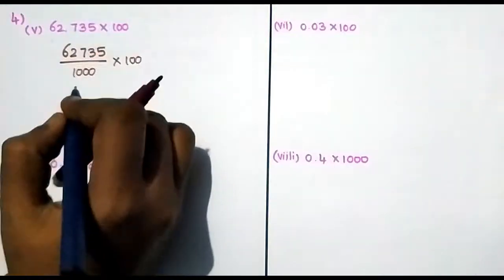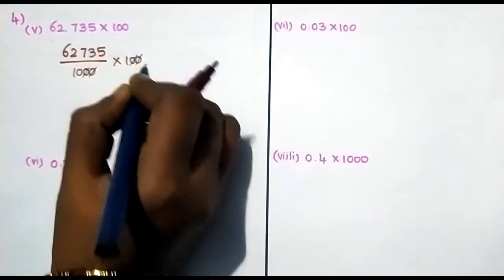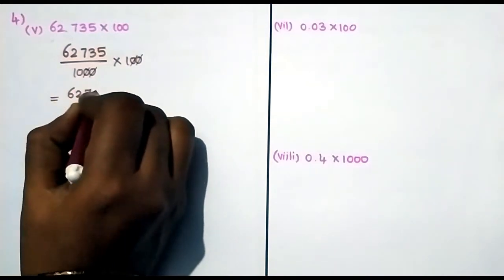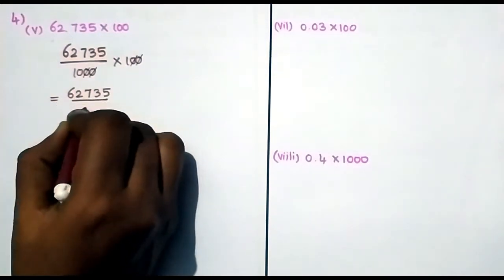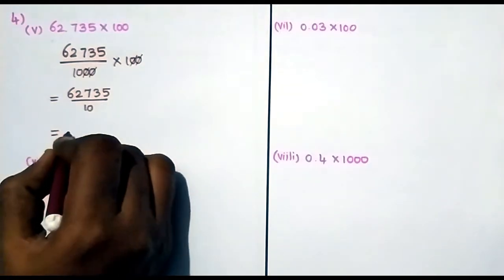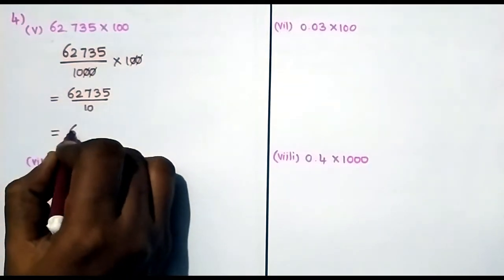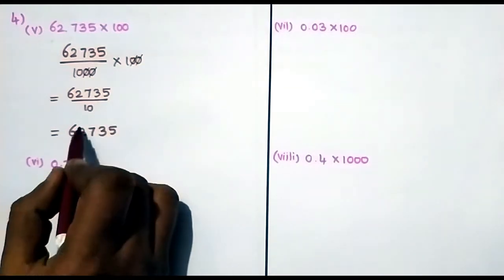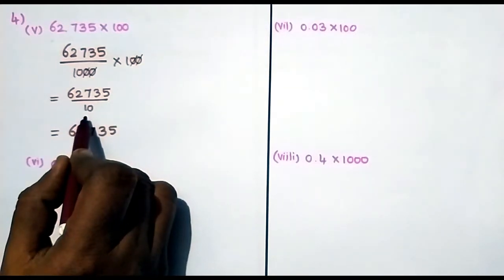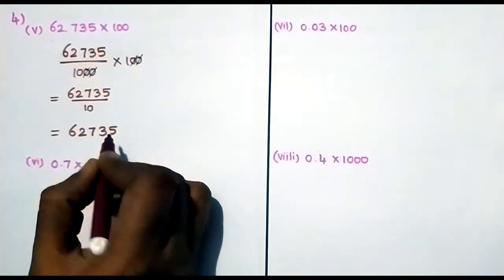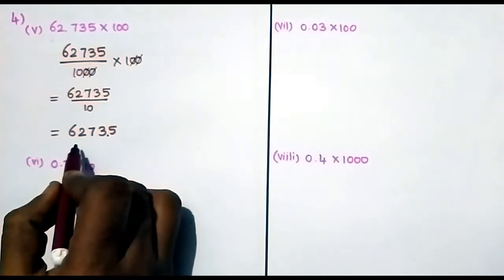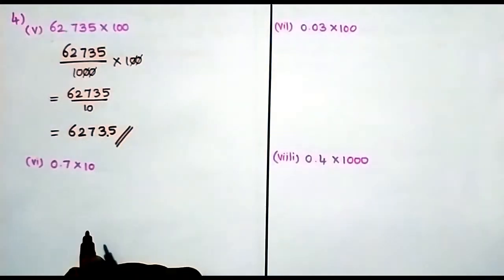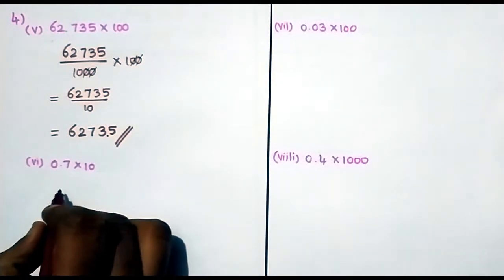So cancel these zeros and write down the remaining number divided by 10. So write down the number, and denominator 10 is there, so before one digit we have to keep the point, means 6,273.5 is the answer.